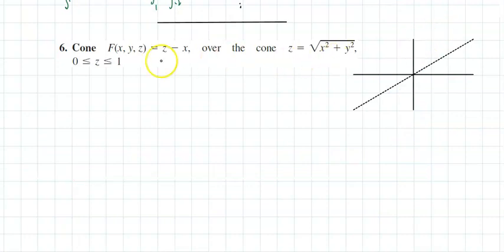The next problem. This is the function over the cone. A cone z equal to the square root of x squared plus y squared, one of those. And I want this to run from 0 all the way, assume that's a 1 right there. Right?